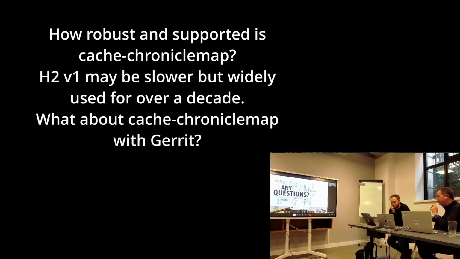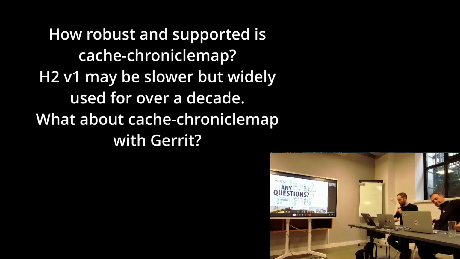The majority of the software they are doing, let's say, real-time trading, they use cache-chroniclemap in distributed fashions as well. So if you're looking at HA or also multi-site and you want distributed caches, then reach out to us, because maybe that could be the option for you.